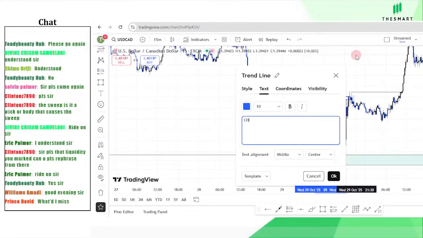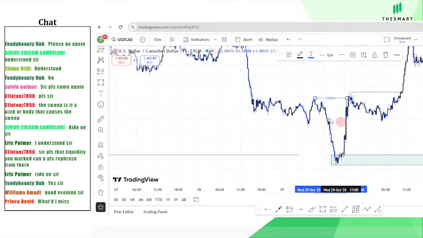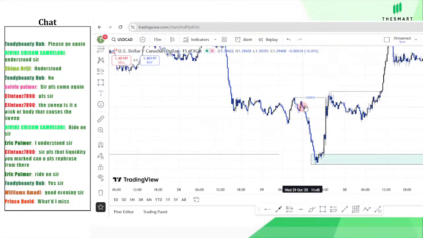Having this change of character at this level, we would have loved price to come back, because after price swept liquidity at this point, we would have loved it to return to this zone and continue to the upside.